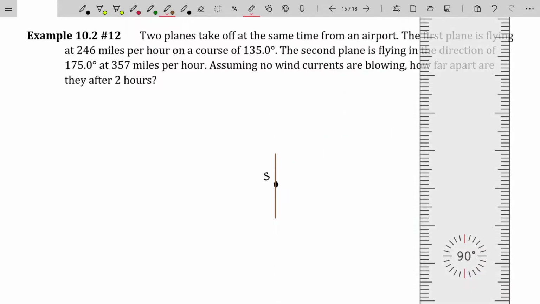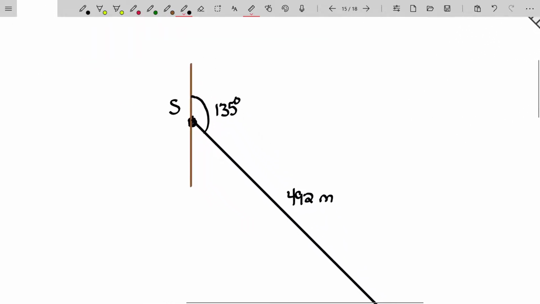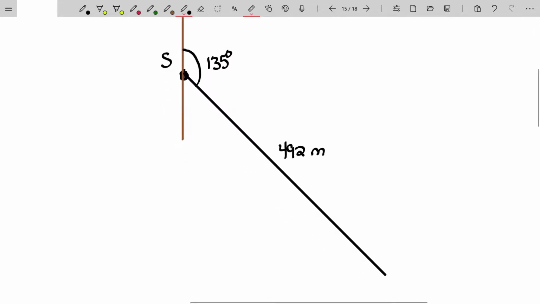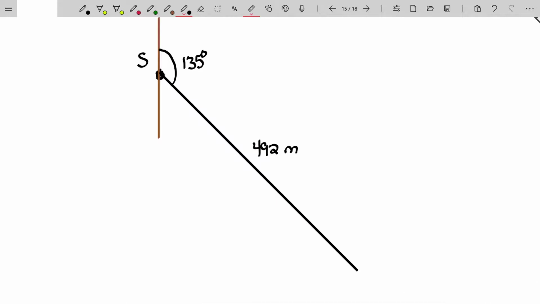And the first plane is going to head at a course of 135 degrees, moving at 246 miles an hour for 2 hours. Well, that's just 246 times 2, so we can compute that pretty quickly. So there we go. Plane number 1 is heading 135 degrees, and for 2 hours at 246 miles per hour, that's 492 miles. I'm actually going to write the word miles because M to me means meters.